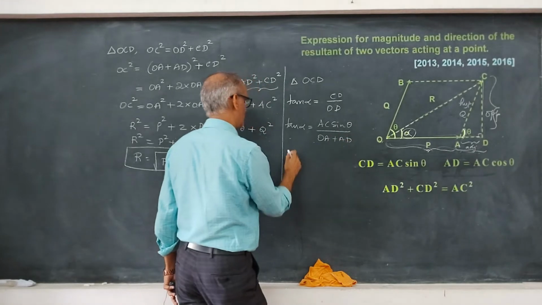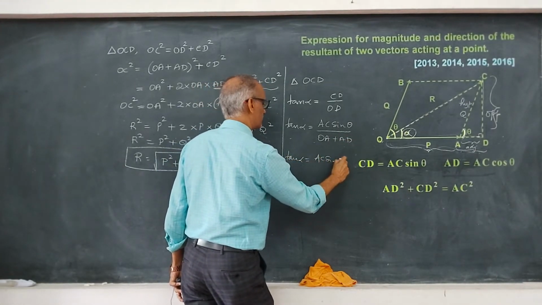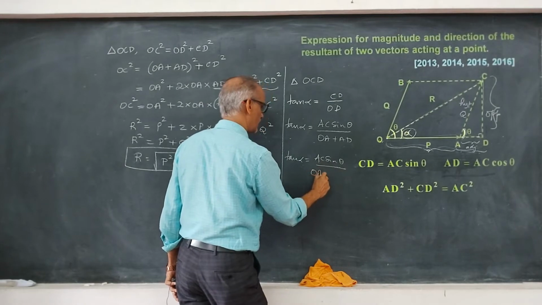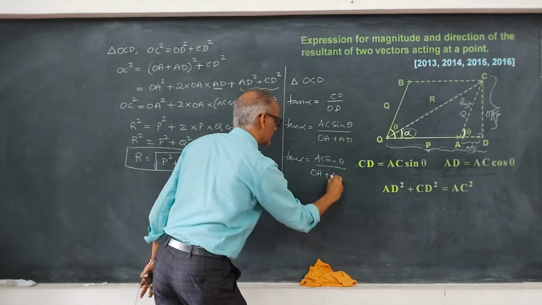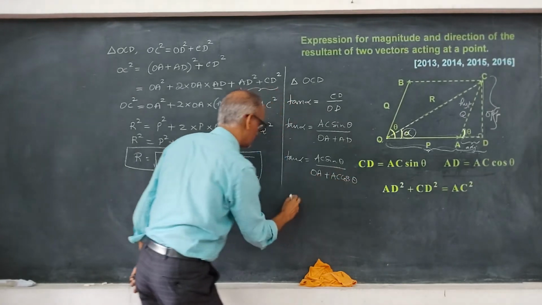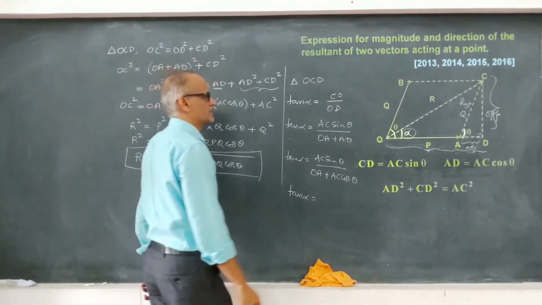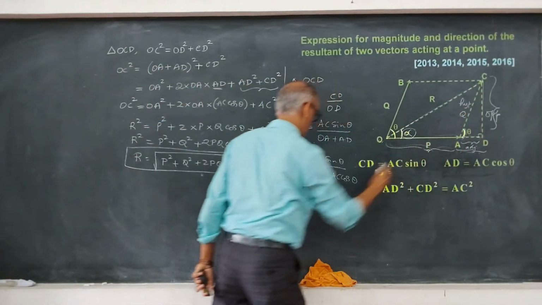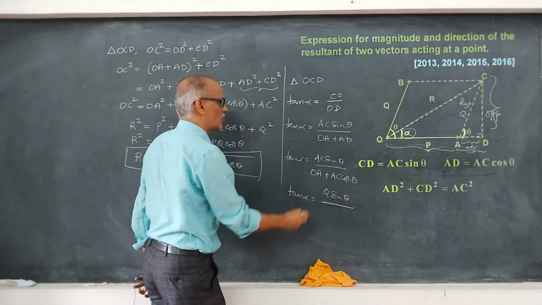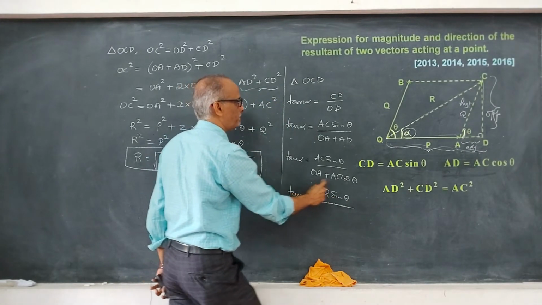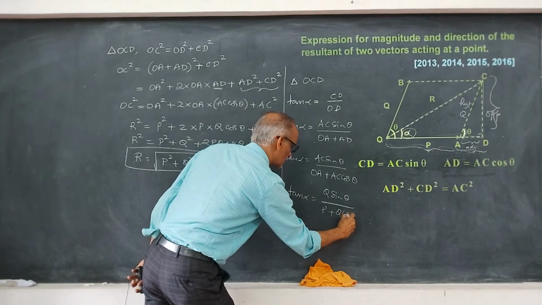So tan alpha is equal to AC sin theta divided by OA plus AD, which is nothing but AC cos theta. Now time to substitute. Tan alpha is equal to AC, and AC is nothing but Q. So Q sin theta divided by OA, which is nothing but P here, P plus Q cos theta.